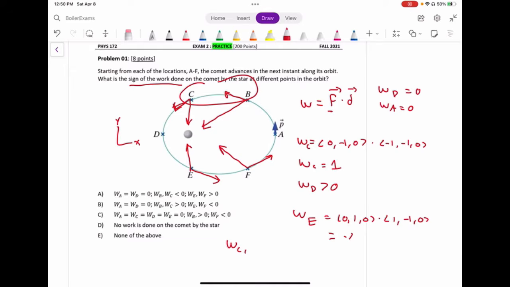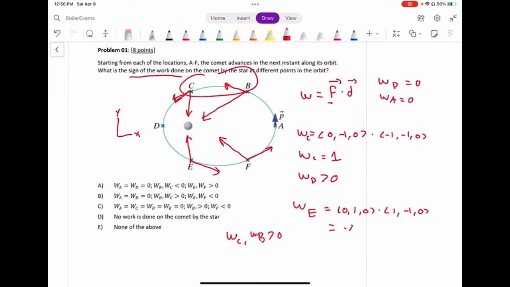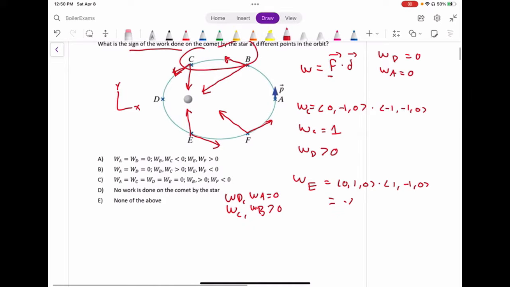So C, B, those are greater than 0. We already know D and A are 0. And we got E and F less than 0, because the two vectors are going in opposite directions. So which one does that line up with? Let's see. Looks like B, which is correct.